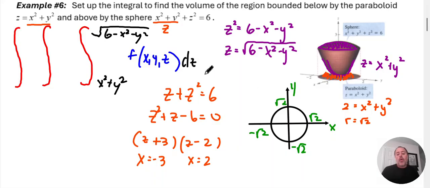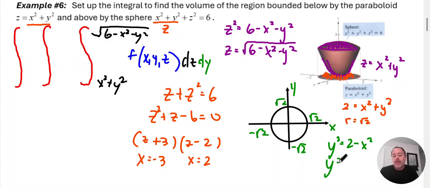What we always want to do to find the other two is look at an equation, and then we need to have our bounds. It does not matter what order you put them in. I did dz, dx, dy in the last example, so let's do something different. Let's do dy. So I can solve for y here. Remember that y squared is equal to 2 minus x squared, my apologies.